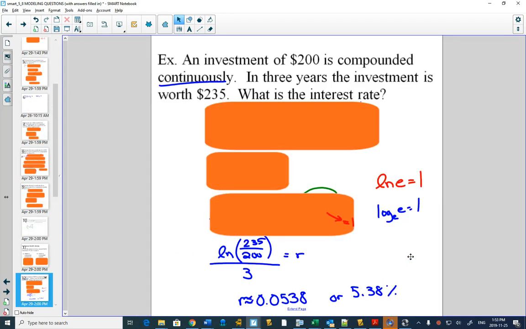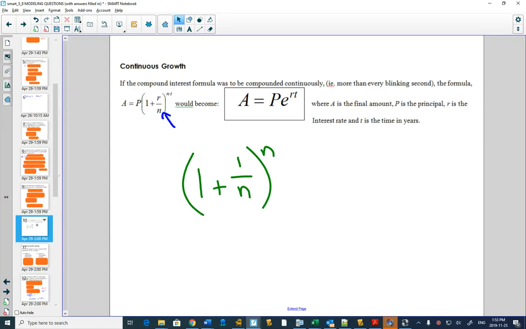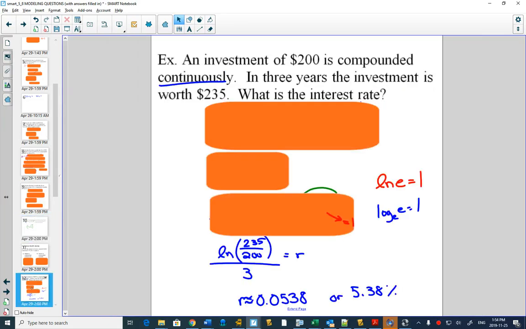So it used to be that this formula, which I call the PERT formula, because it spells the word PERT, was on your formula sheet. So you would read a question and you'd have to recognize that if it said continuously, you needed to use that PERT formula.